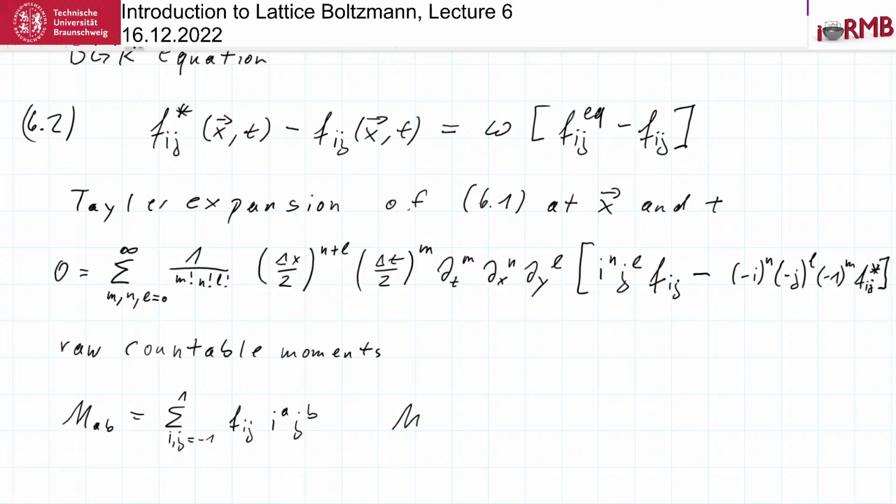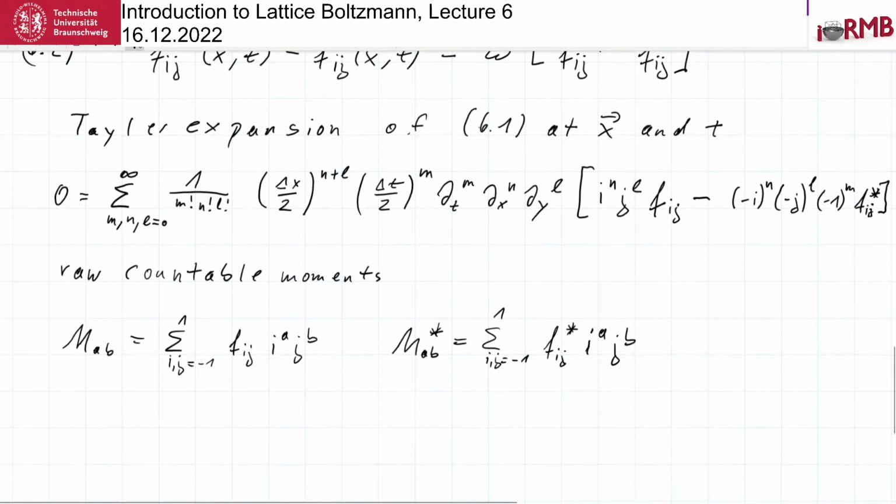And we also have this for the post-collision moment, which is simply the same thing, just with the post-collision distribution: f_ij post-collision, i to the power of a and j to the power of b.